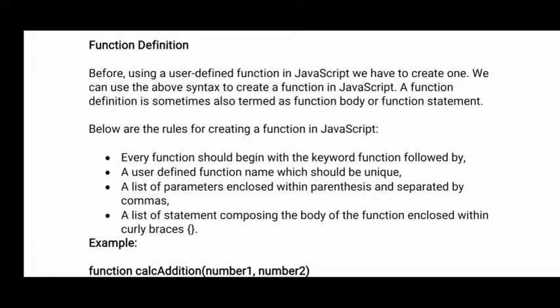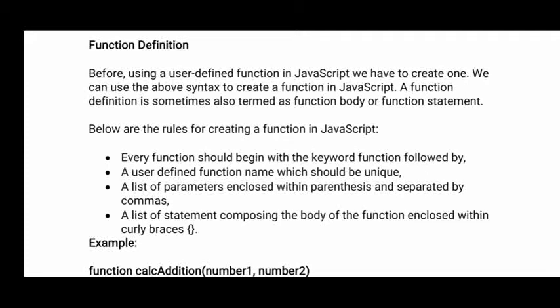If you are writing a function body, then what should it have? First, every function should begin with the keyword function followed by a user defined function name. Whatever user defined function name you are giving should be unique. Means in a program, if function name sum is there, it should be written only once.